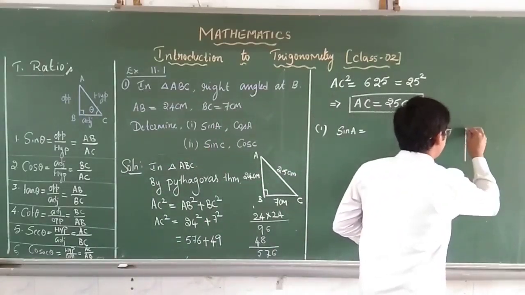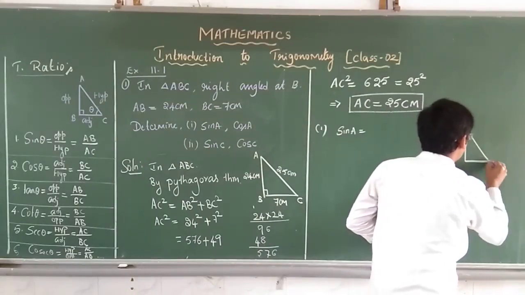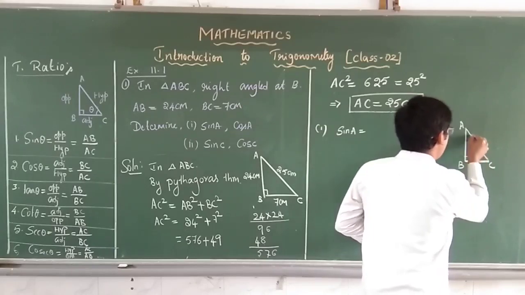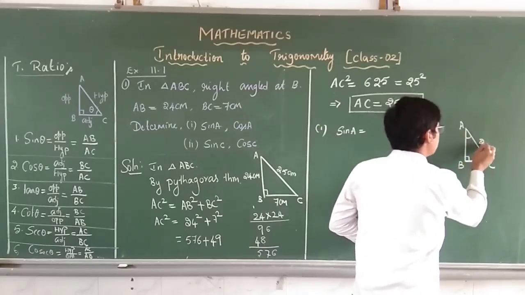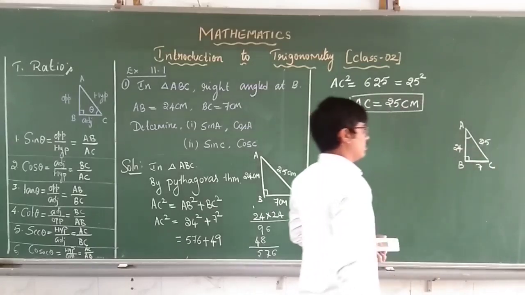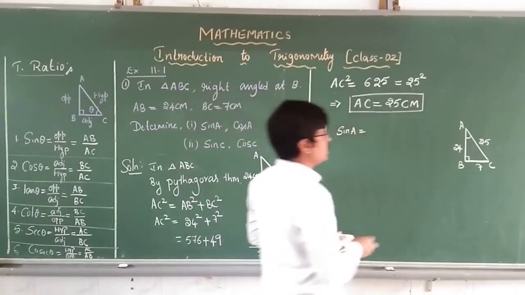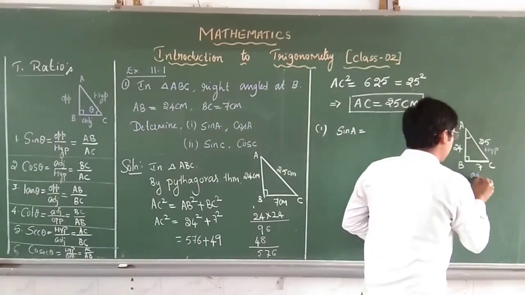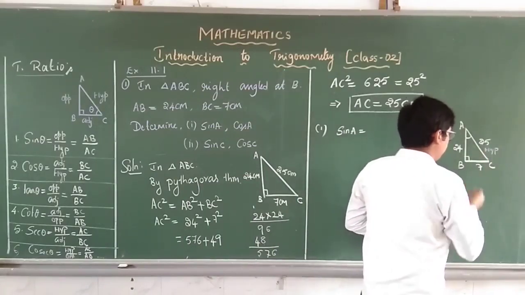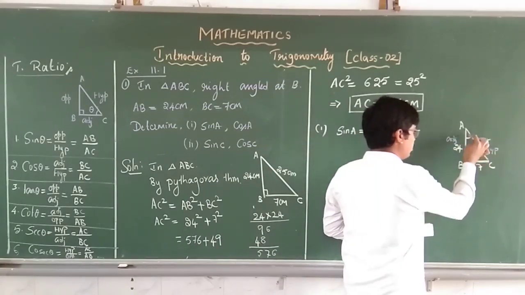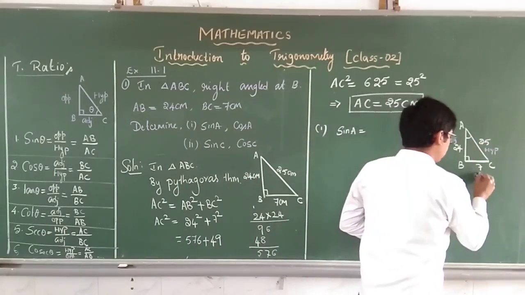This is the given right angle triangle A, B, C, right angle, and this is the acute angle. This is 25, this is 24, this is 7. Now this becomes hypotenuse, this becomes adjacent because this is the side adjacent to this angle, and this becomes opposite.